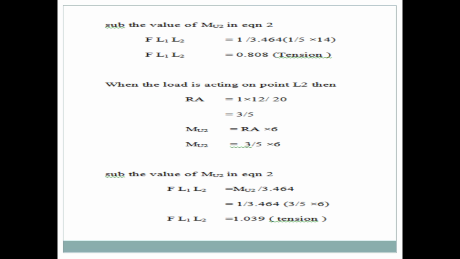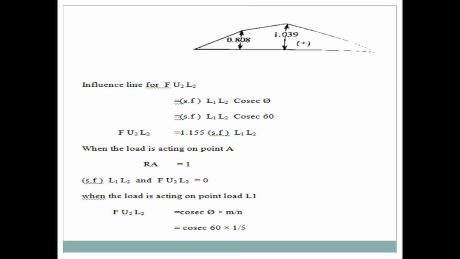Here the F L1 L2 is equal to 1.039 tension. And this is the influence line for the truss, that is 0.808 and 1.039.